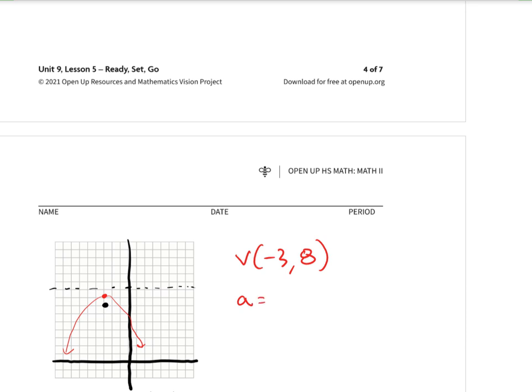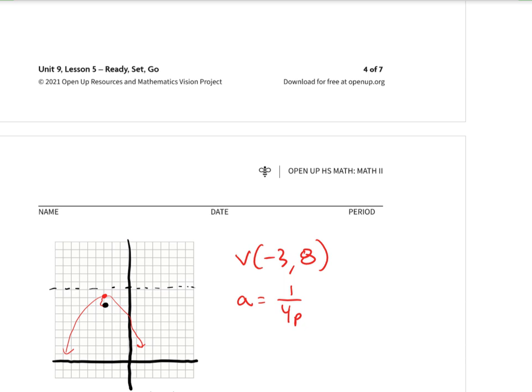Now the question is we need to find out what a is. So a, we said, is 1 over 4p, and p in this case is the distance between the focus and the vertex. And since the vertex is above, this is going to give us a negative a value because it's opening down.